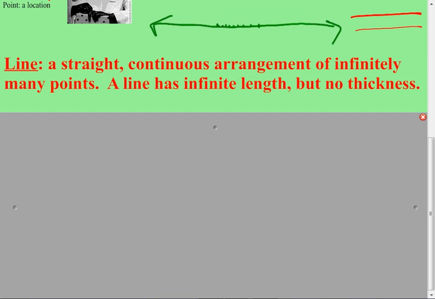Just a continuous arrangement of many points. In fact, so many points, if I pick this point here and this point here, guess what? I can find another one in between them. And if I take these 2 points, this one here and this one, can I find another one in between there? Yep. I can keep going.